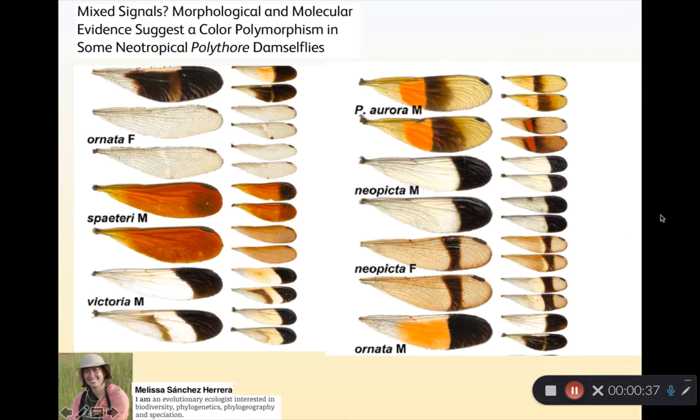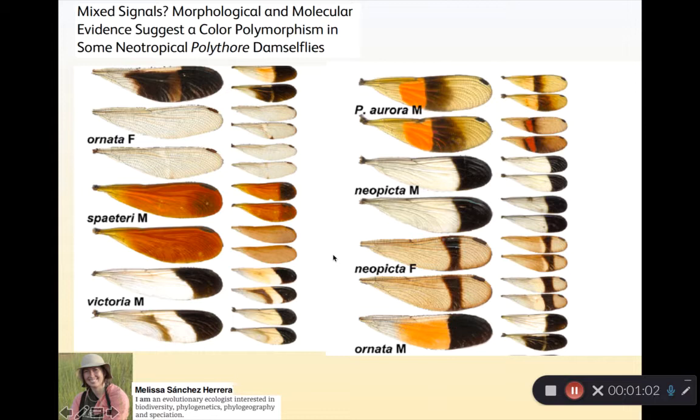First I wanted to show you an interesting study by Dr. Herrera looking at damselflies and differences in wing coloration and form. She's been studying these damselflies in Peru, and you can see that there are lots of differences between species.